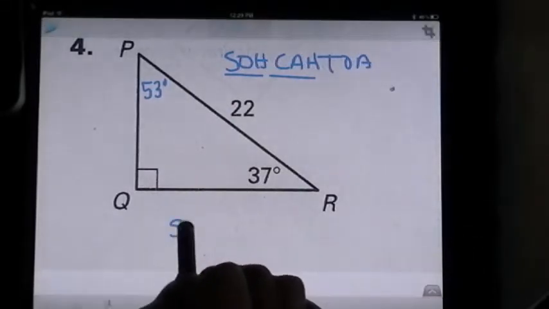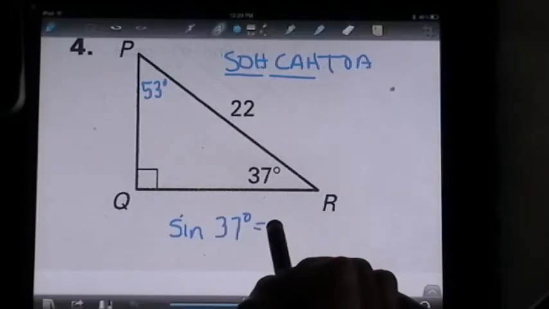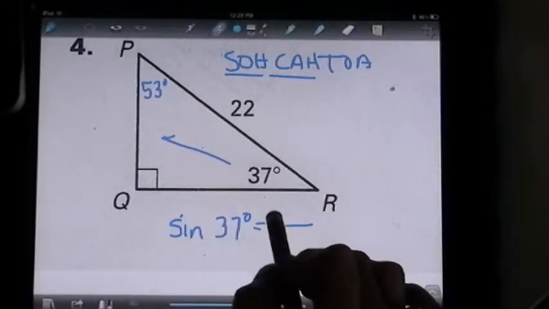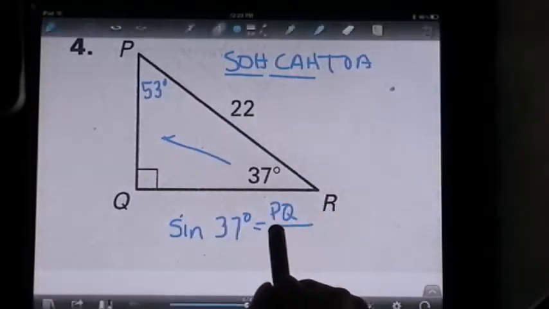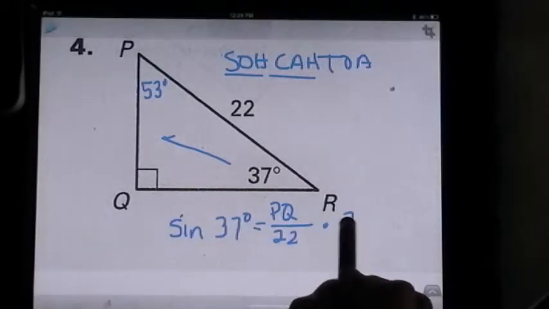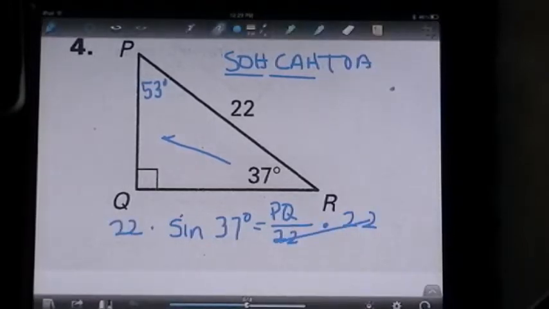Sine 37 equals the opposite side, which is PQ, over the hypotenuse, which is 22. This is the equation I need to see. You can work it out algebraically or you can have memorized it. It doesn't matter. I don't need to see this part.